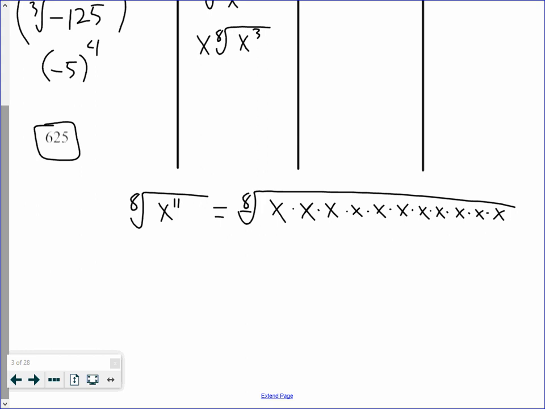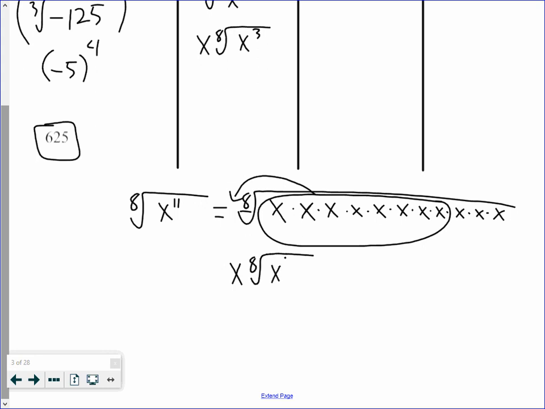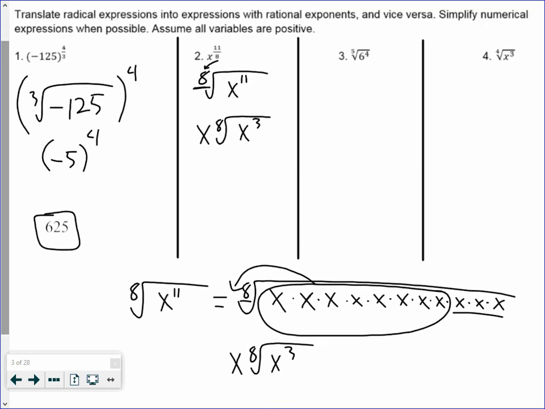We have one group of 8 inside the radical, so you take out 1 x to the front, and we're left over with these 3 x's, or x to the third. And that's how we simplify number 2.